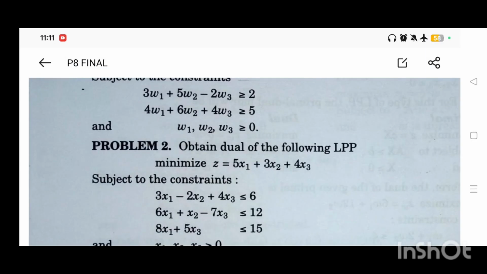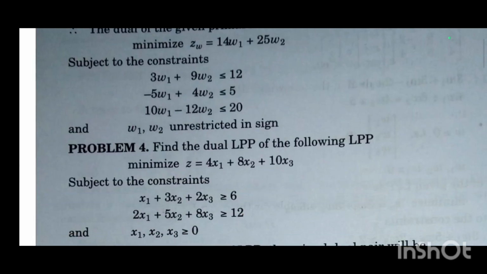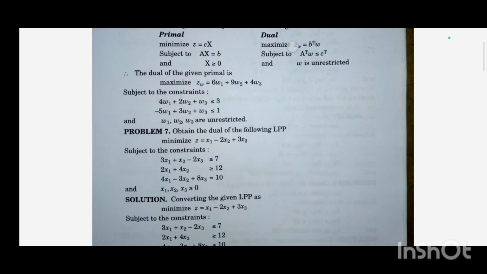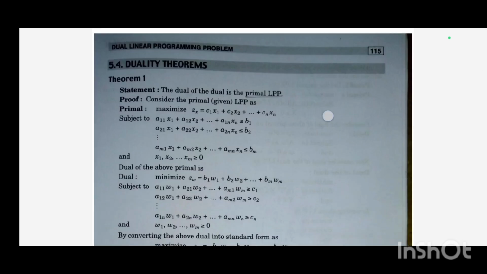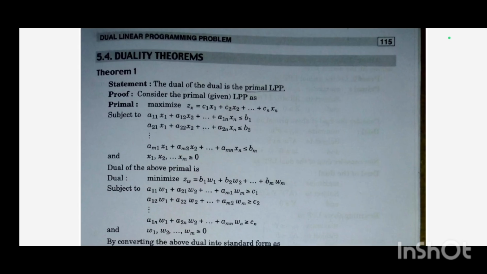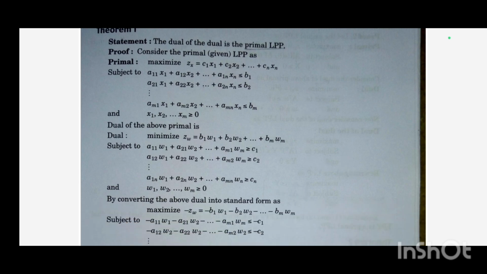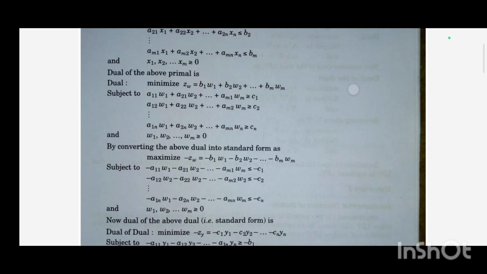Next, see the solutions of this. You have a lot of problems over here. The duality theorem: the dual of the dual is primal. Every time they are asking this question, you can write it for the long answer also. You can mention the linear equation of the form, and also you can represent them in the matrix form.